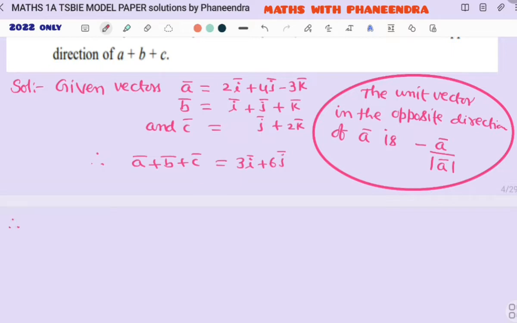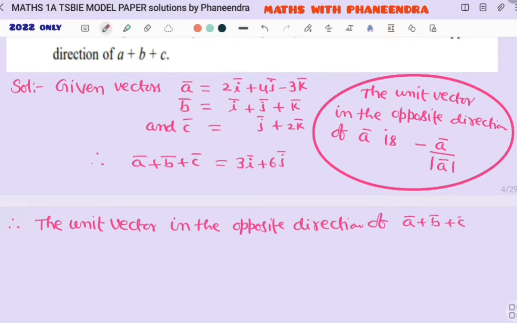So therefore the unit vector in the opposite direction of A bar plus B bar plus C bar is minus of (A bar plus B bar plus C bar) by modulus of (A bar plus B bar plus C bar). So we need to calculate the magnitude of this vector.